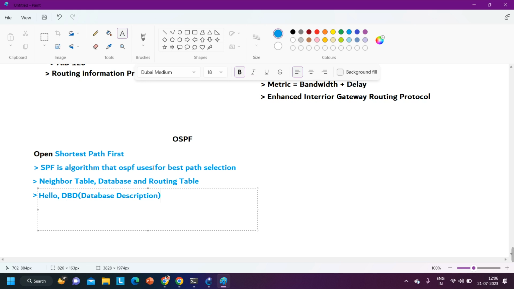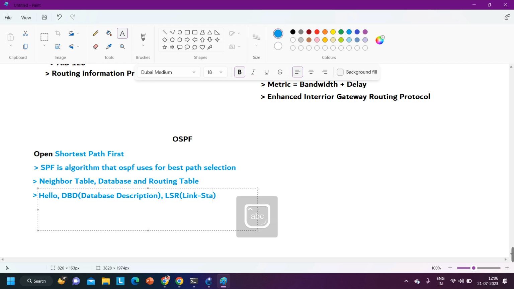So here we have some types of messages in OSPF. First is the hello message. Second is the DBD message, database description. Third is LSR, link state request.